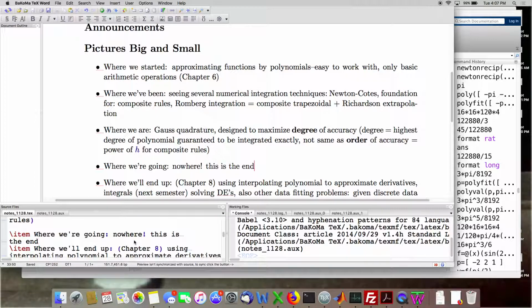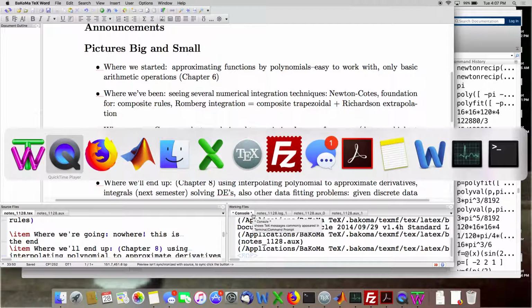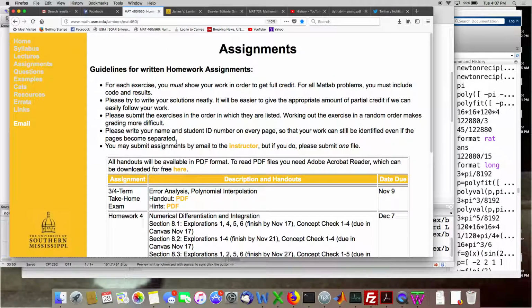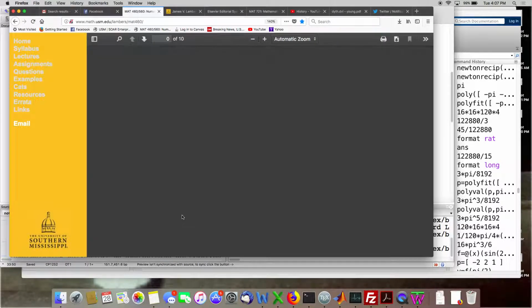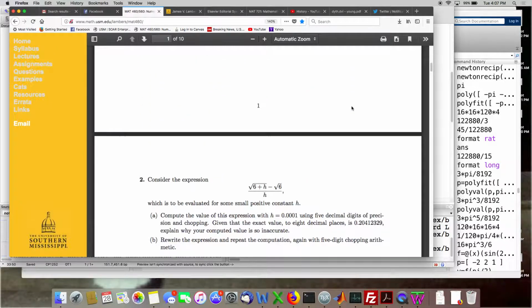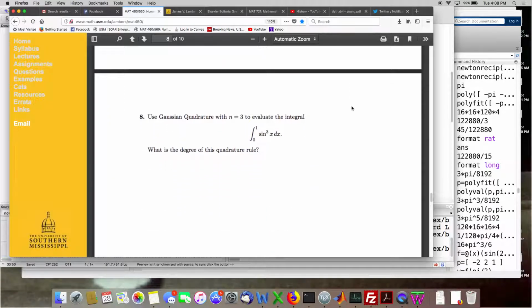Now, one thing I want to check, to make sure I did this, on the site where I put the practice final. Okay, so there should be 8 problems in here. Yep.